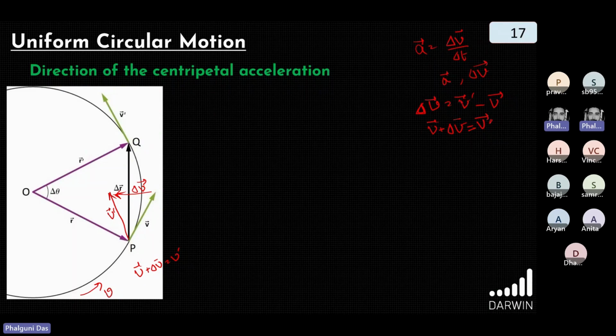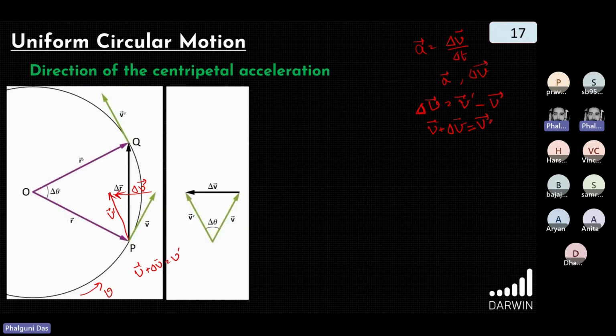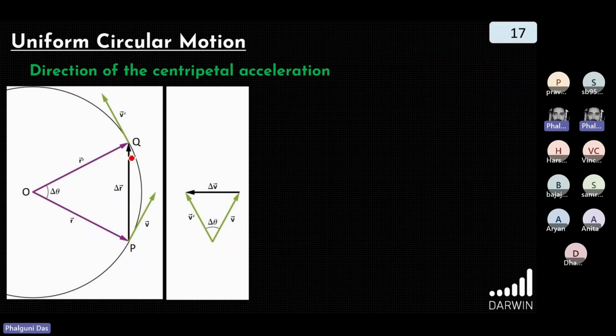So I have a better figure here. I can draw it like this. That is delta v, which is the difference v prime minus v. This relation, delta v is equal to v prime minus v, and the direction still points towards the center. Now, as for points P and Q, suppose we take another point X, where the velocity is v double prime.